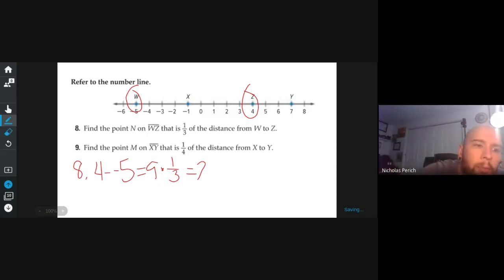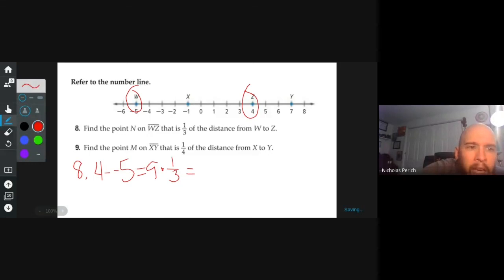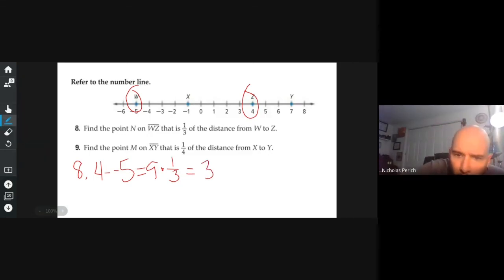So this is taking the idea of a midpoint and calling it a third point. Okay? So my point N is going to be 1/3 from W to Z. What number is 3 dots away from W to Z?